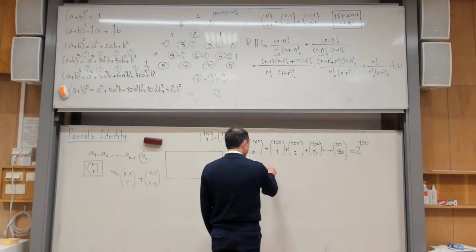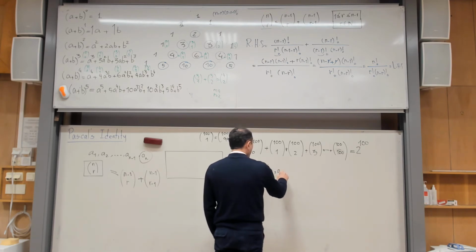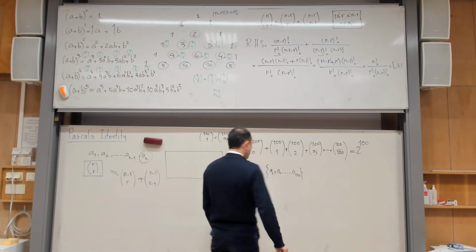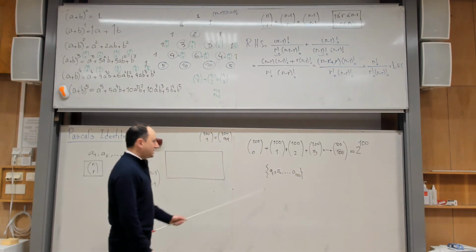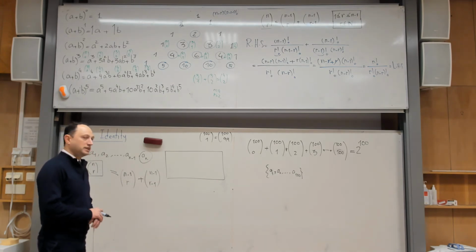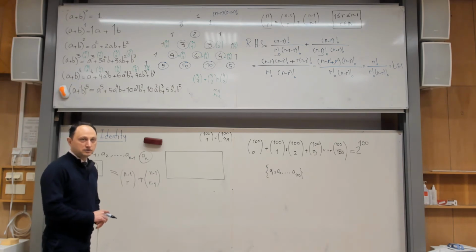So you can say that, let us consider this set. Let me write it with a sub 1, a sub 2, up to a sub 100. Consider this set with 100 elements. If I ask you how many subsets are there, the answer is simple. What's the answer?